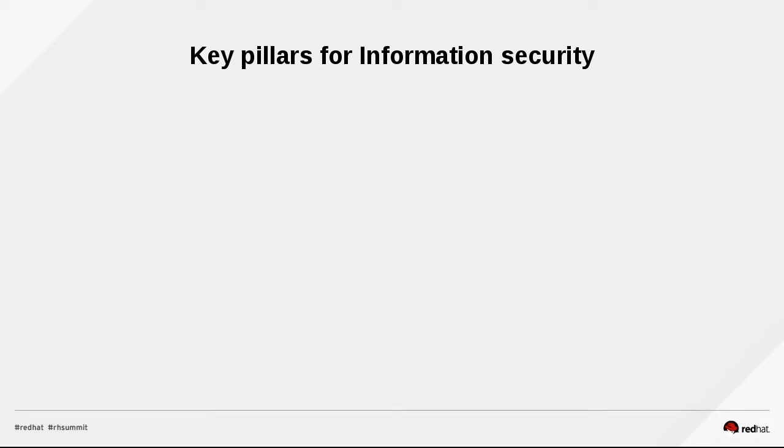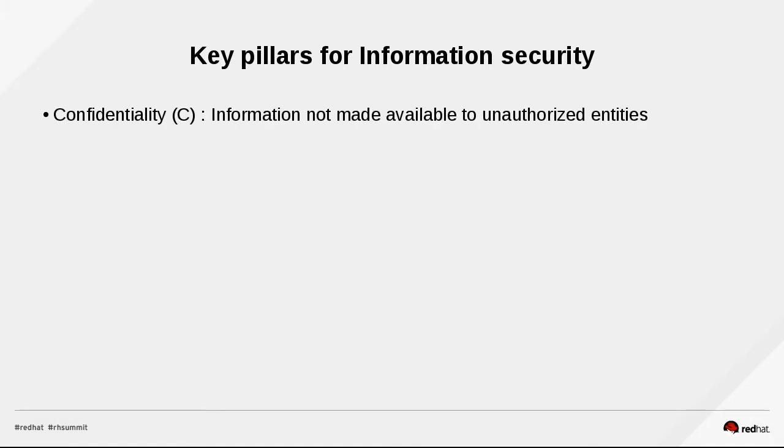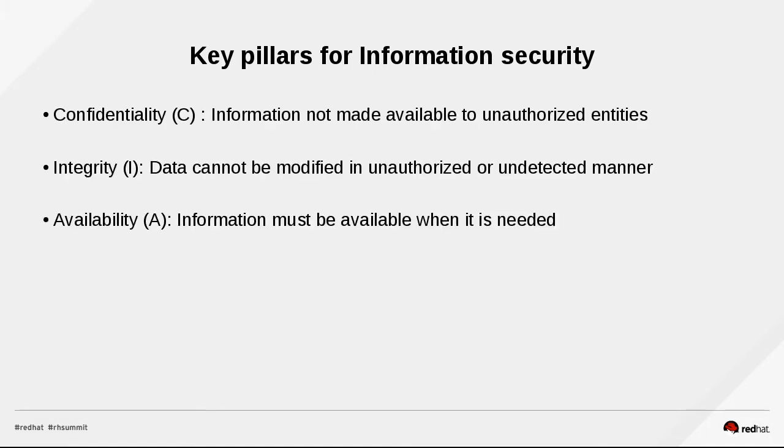So conceptually, what do you mean when you talk about information security? At the core, what does it mean? It's basically represented by a triad of confidentiality, integrity, and availability of data. So at its core, what you're concerned with in information security is this CIA triad.